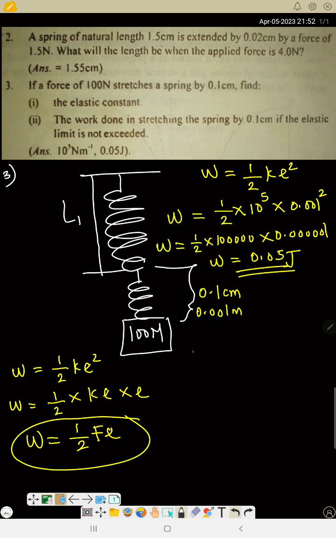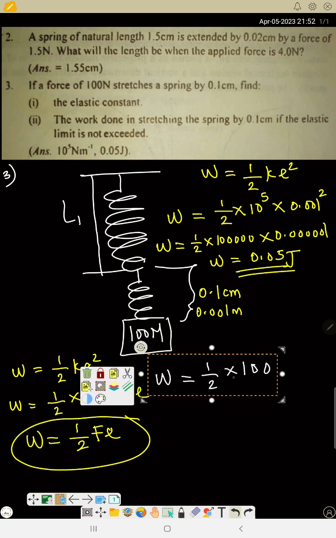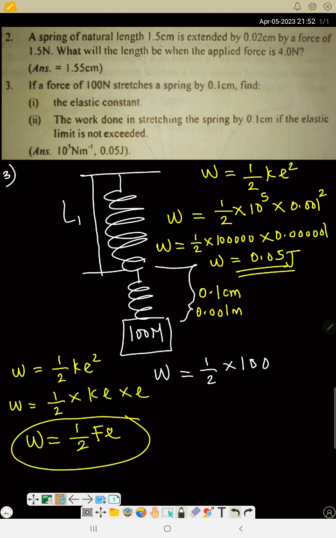So far you know your force. So work done is half, what is our force? 100 Newton times e, that is the extension. So we'll convert it to meter. So that is half Fe, F times e.